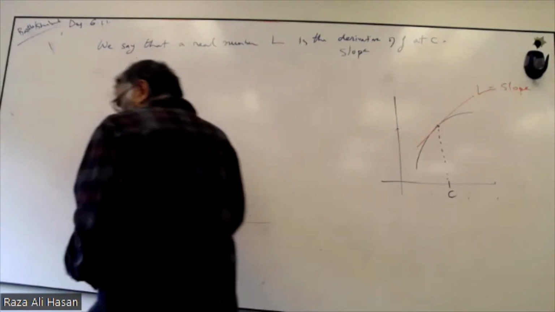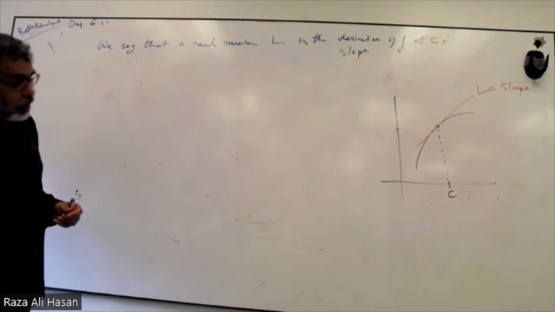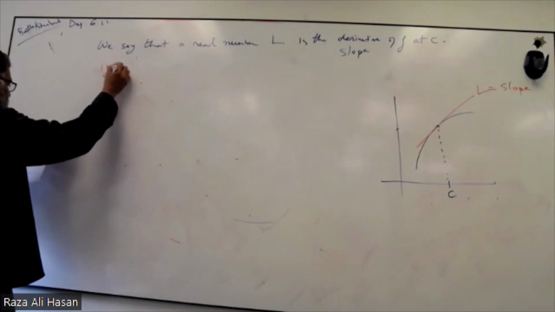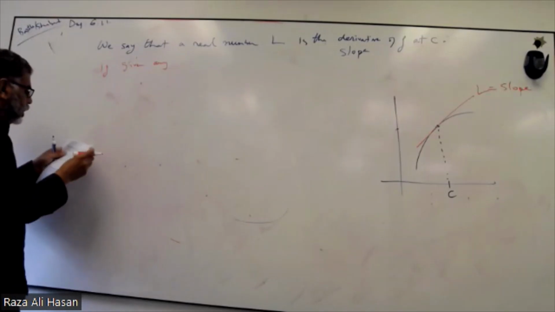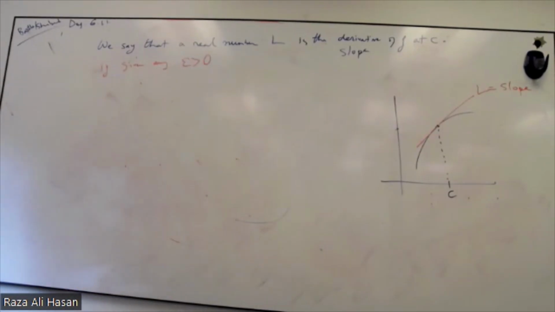Let's continue with the definition. So the picture is what we get from this line here. The next sentence of the definition goes, given any epsilon greater than 0, so what is he talking about here?